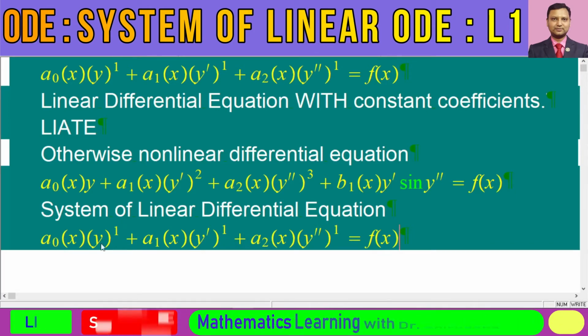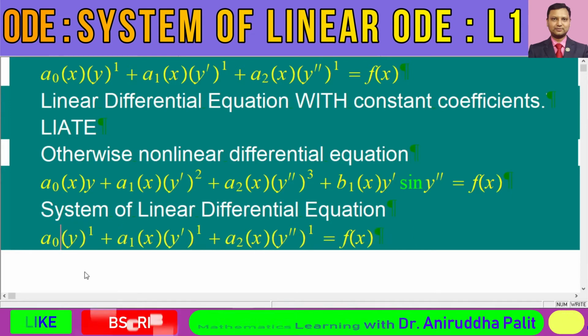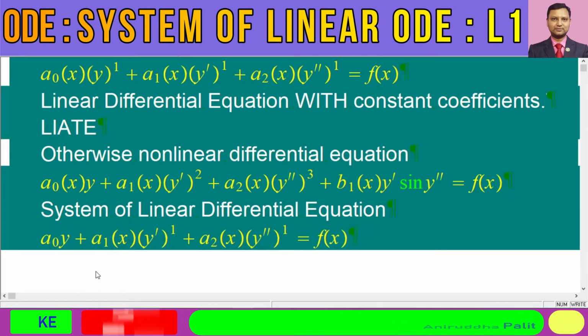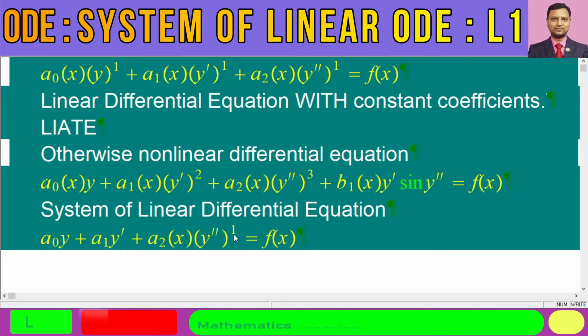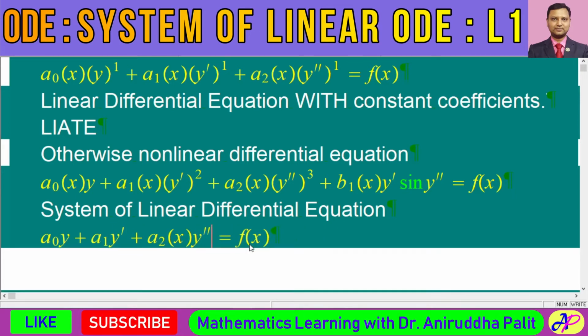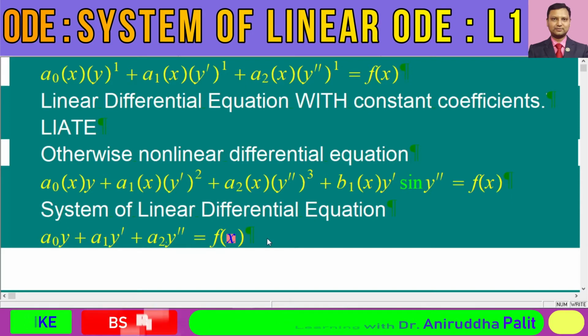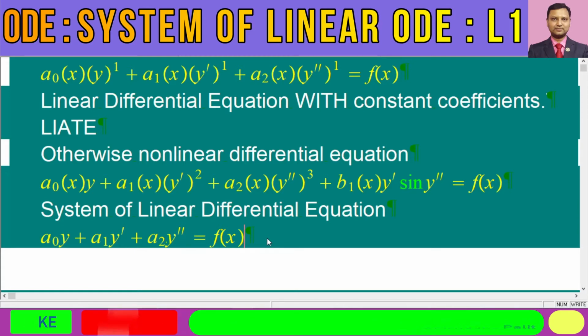Okay, and for simplicity, we call this coefficient not a0(x), we simply call it a0. It is understood that a0 would be a function of x. Just for simplicity, so this kind of simple notation, because otherwise it becomes a bit cumbersome. Now over here, this variable x is taken as the independent variable, and y is taken as the dependent variable.